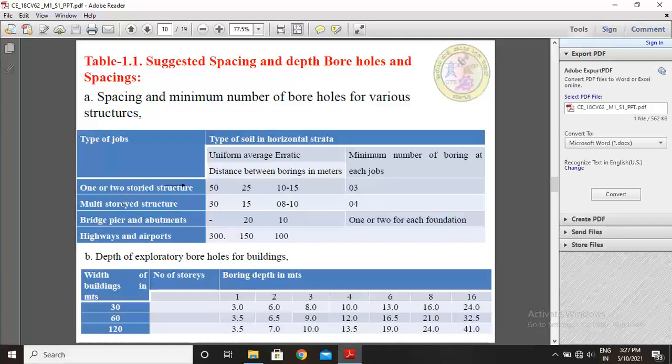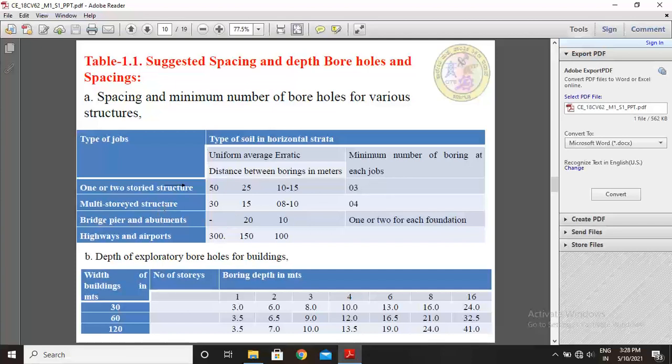If your structure is a 1 or 2 story structure, the type of soil in horizontal strata is 50. Distance between borings in meters means from one place to another place you consider 50 meters, so from one point to another point. Next is 25, next 10 to 15 meters, and the minimum number of borings at each job is 3.